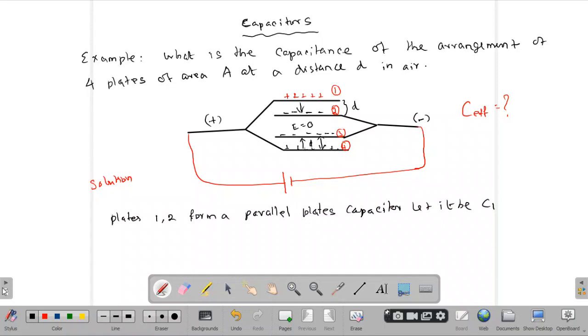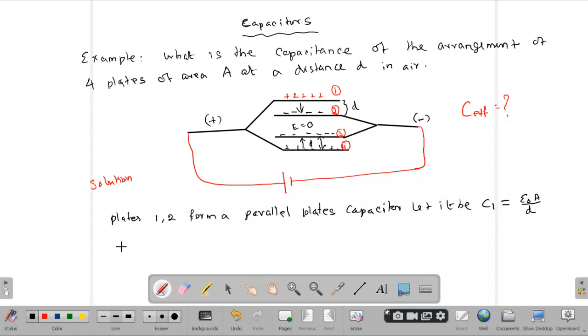Then what is the C1 value? All the four plates have the same area and the same separation D, filled with air medium, dielectric constant of air medium 1. Epsilon naught A by D. Am I correct? What is C1? Epsilon naught A by D.